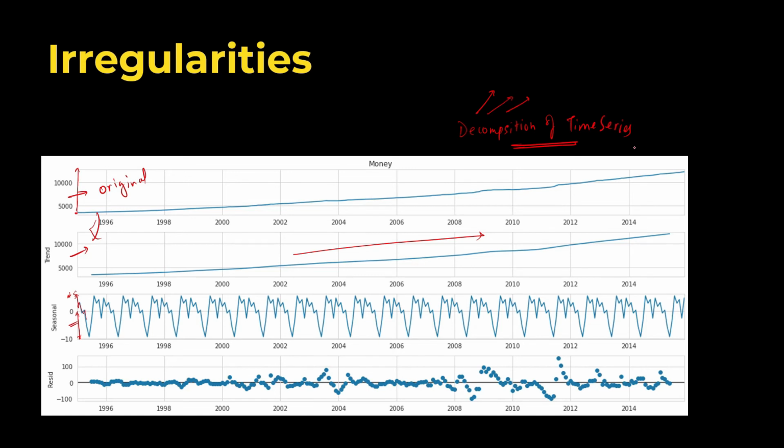So when you compare this range with this range, this is very negligible. If you remove trend and seasonality, what is left is this random pattern, which is happening randomly. These are what you call residuals or irregularities. These are random patterns and they cannot be predicted.